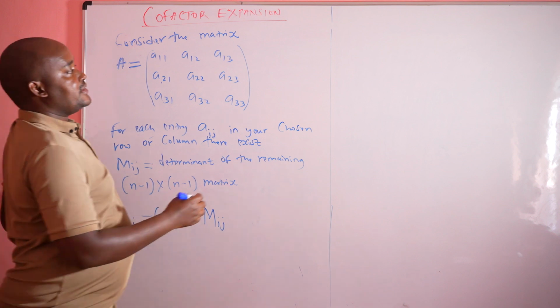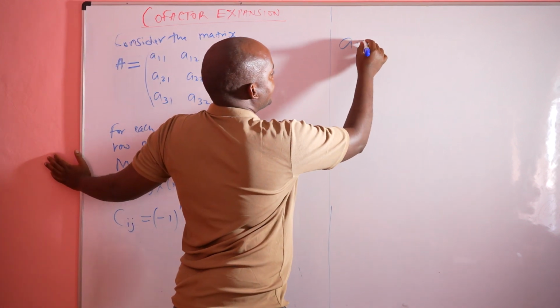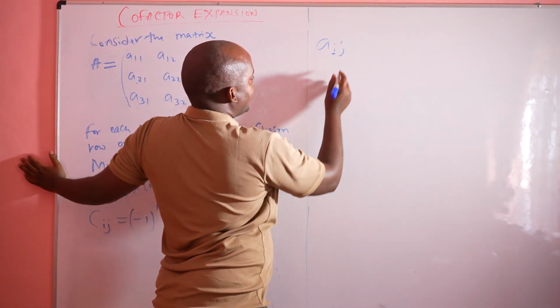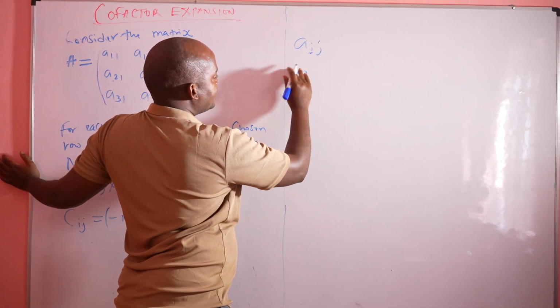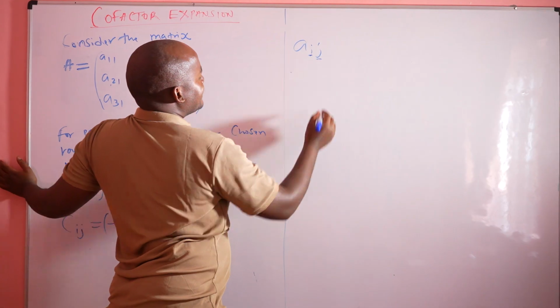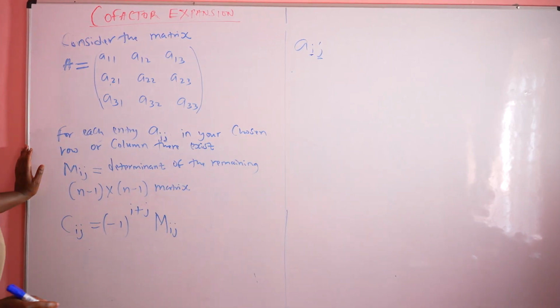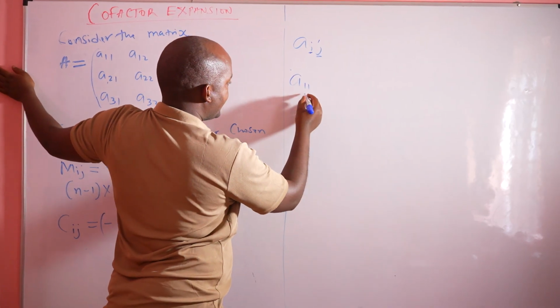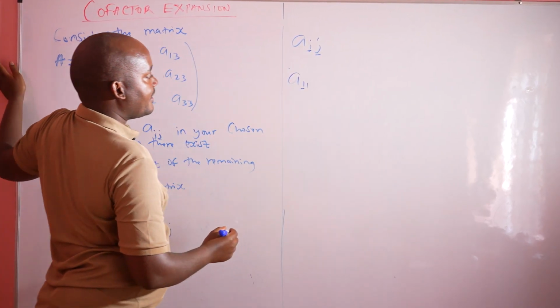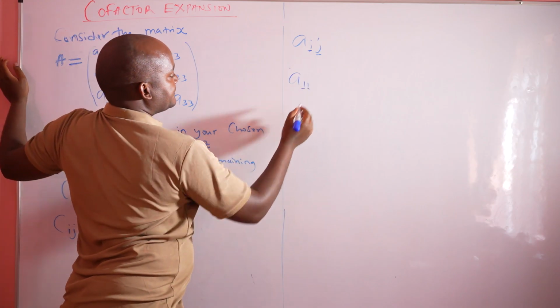So when we talk of this Aij, this first i tells us the position of that entry row wise, and this j tells us the position of that entry column wise. So A11 means that there's an entry that is in row 1 and column 1.